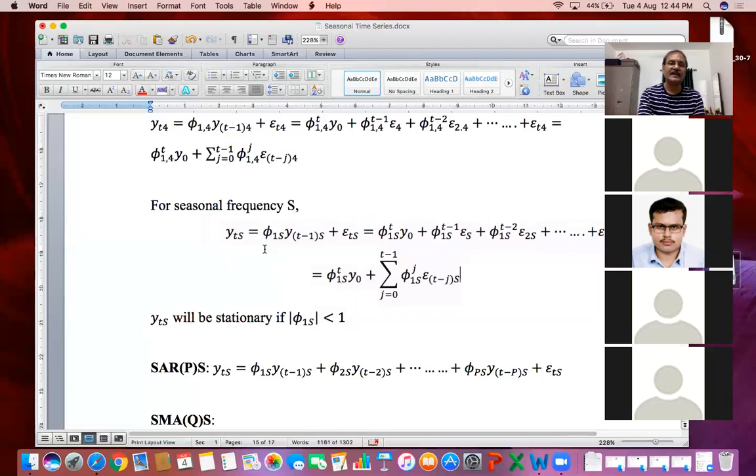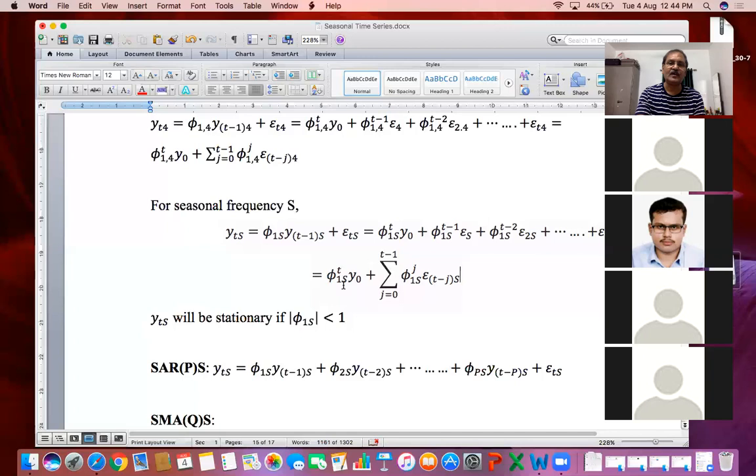Because if we take the mean value of this, if we take expectation on both sides, the expected value of the second component becomes 0 by assumption. So you have got this. So expected value of y will be 0 only when this part tends towards 0 as t tends to infinity.